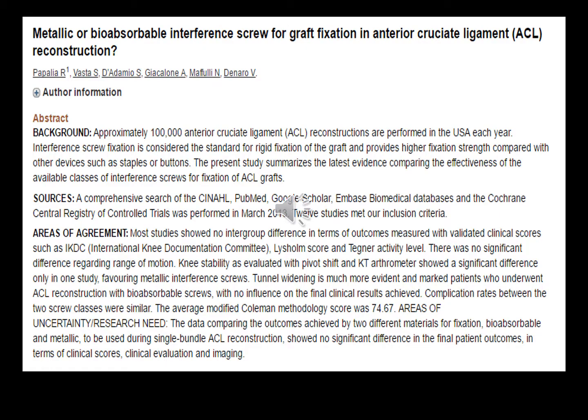This was a comparison study done in the year 2013, comparing a metallic or biocomposite interference screw for graft fixation in ACL reconstruction. The final data showed no significant difference in the final patient outcome in terms of clinical score, clinical evaluation, and imaging.